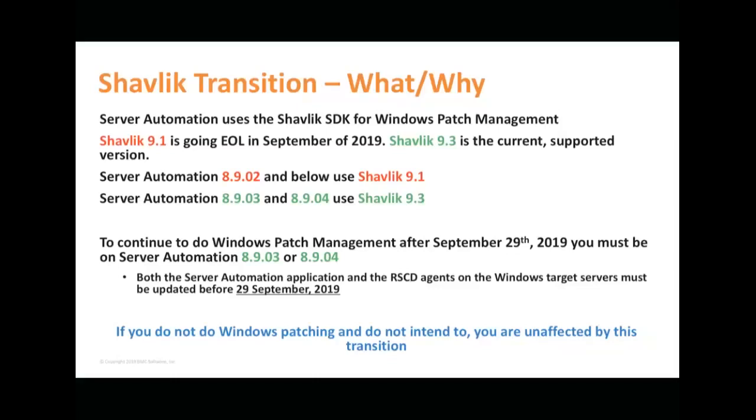So if you are doing Windows Patch Management, or intend to do Windows Patch Management after September 29th of this year, you must be upgraded to Server Automation 8.9.03 or 8.9.04. And when I say updated, we mean both the application itself, the Server Automation application environment, as well as the agents on the Windows target servers must be updated.